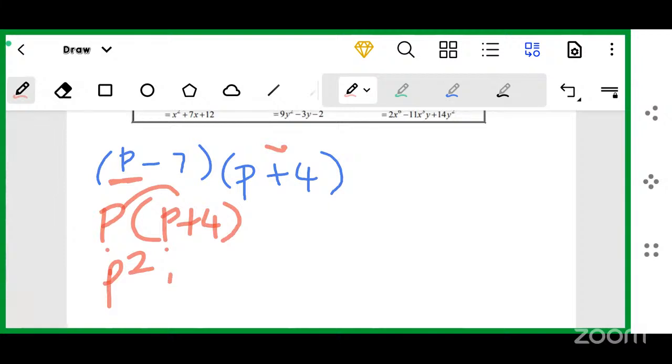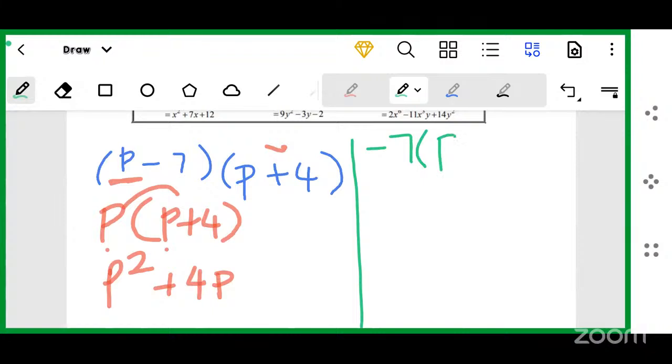Perfect. So it's plus 4p. And this one is for Langelihle: we have negative 7 into bracket p plus 4.